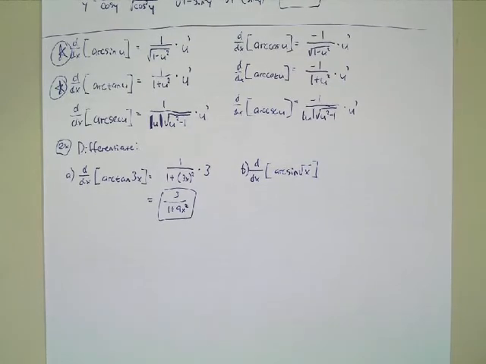So let's see here. Donovan, what's our u here? Yeah, square root of x. So we have to use a chain rule here, right?